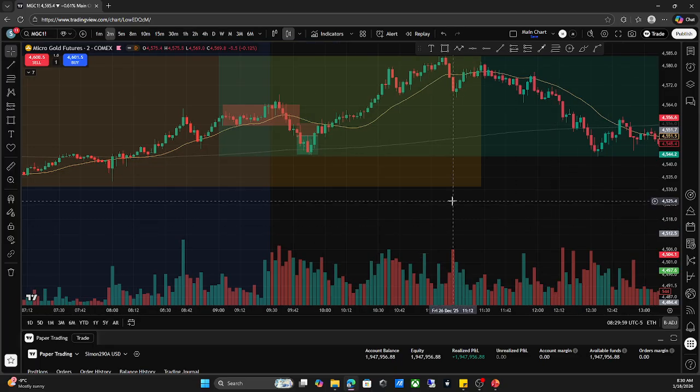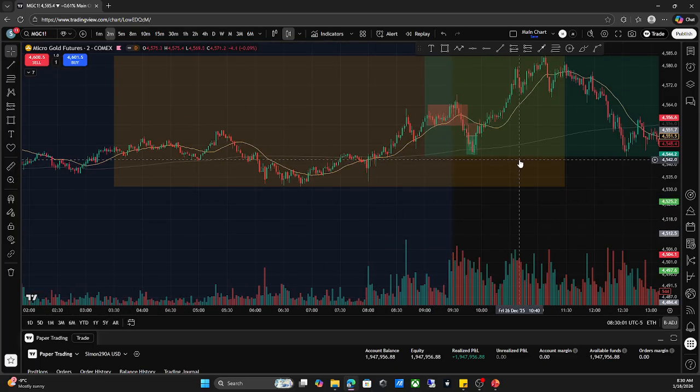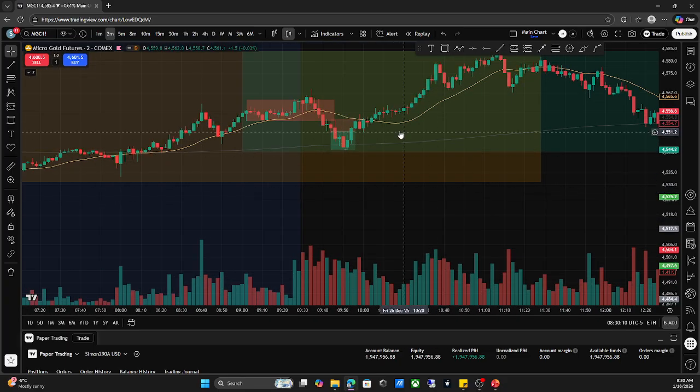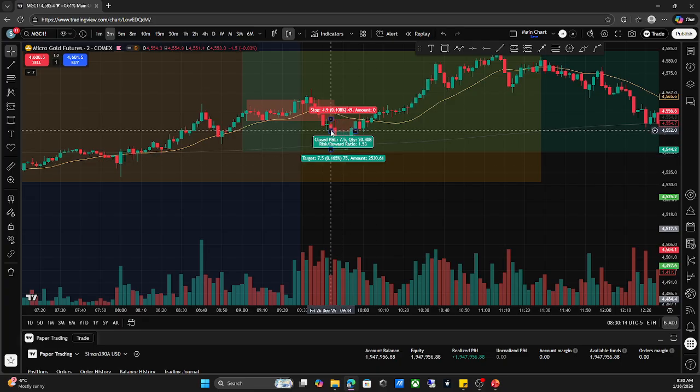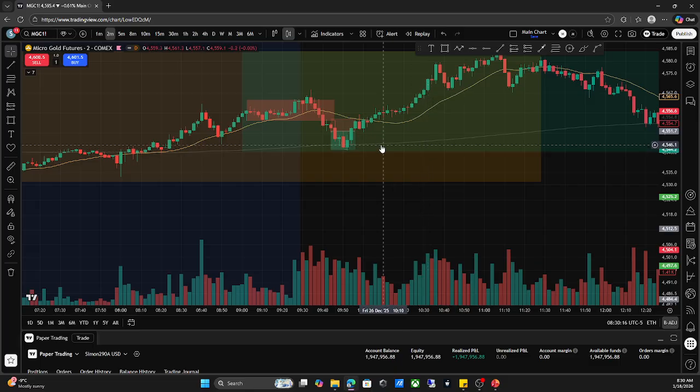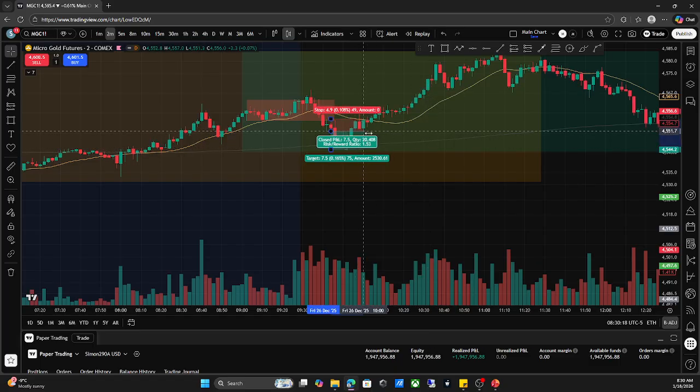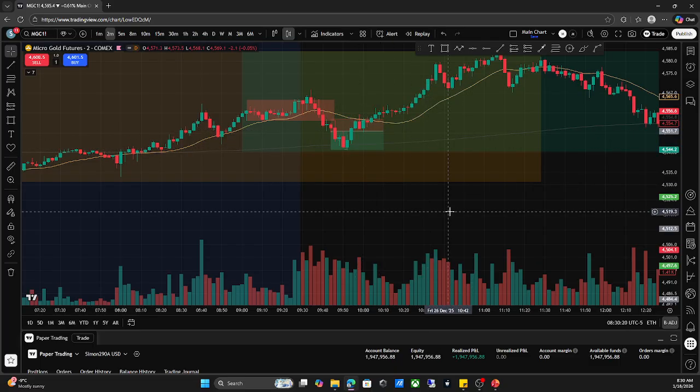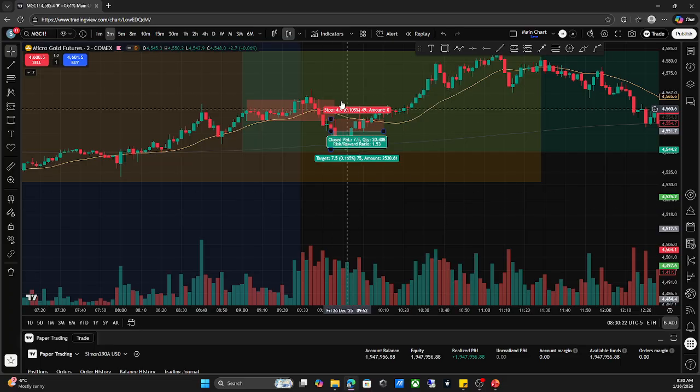Yeah, 1.8. I would have hoped for it to come here, but usually what I do in this case, when the candle actually comes a little bit, I just move back to break even here. But I would honestly say this trade is a loss. It is a loss.